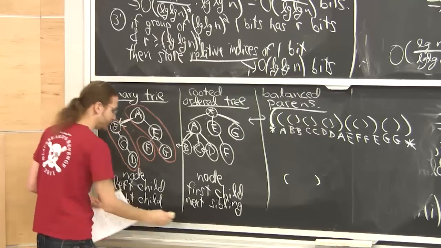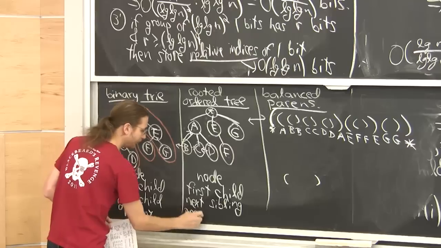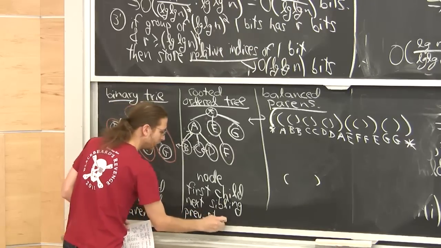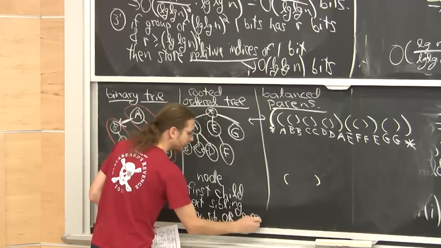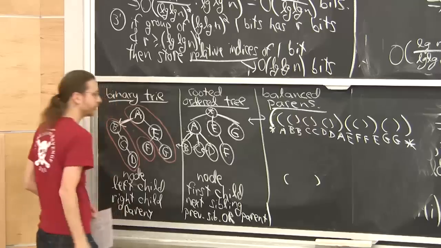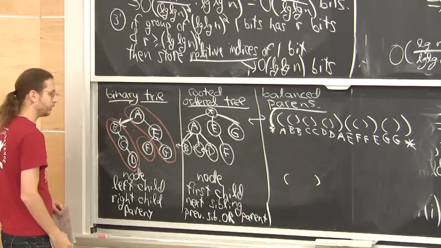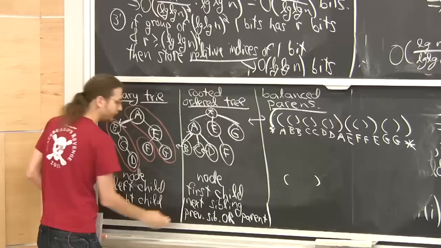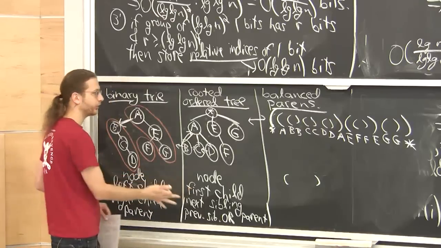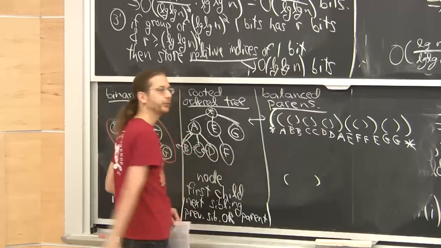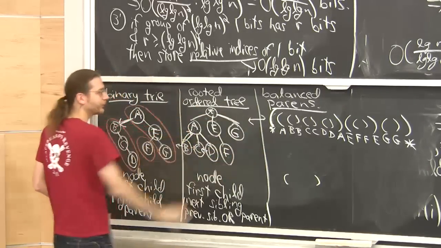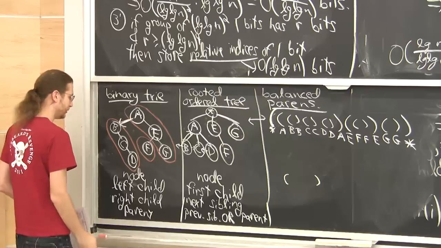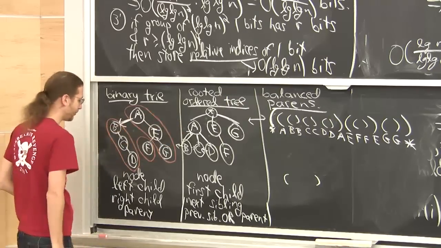So this is going to be previous sibling if there is one, or if there isn't one, you go to the parent. Okay, so that's the easy translation. Now we need to convert these pictures into balanced parentheses pictures, which is also going to be easy in itself, but the jump all the way from binary tries to balanced parens would be pretty confusing. So that's why we have this intermediate step.